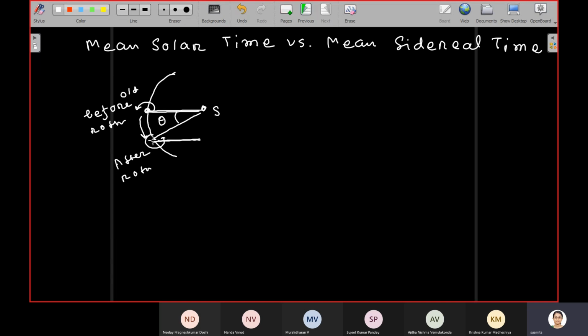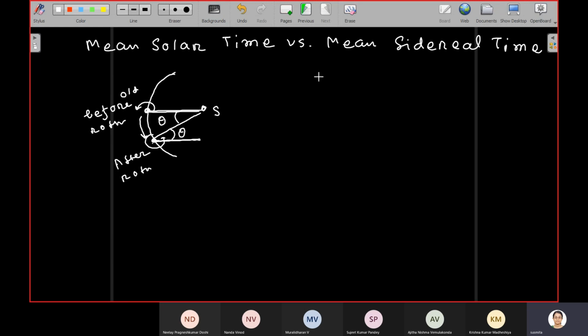So this much distance the Earth has moved in its orbit around the sun. The same angle extra the Earth has to turn to see the sun on top again.